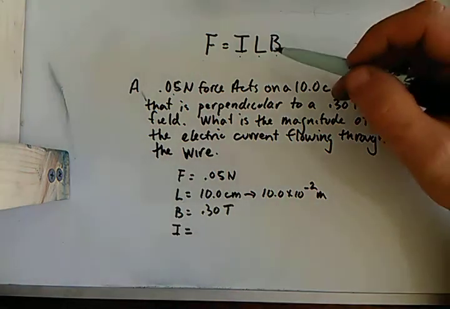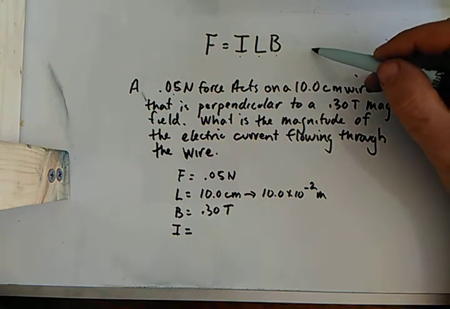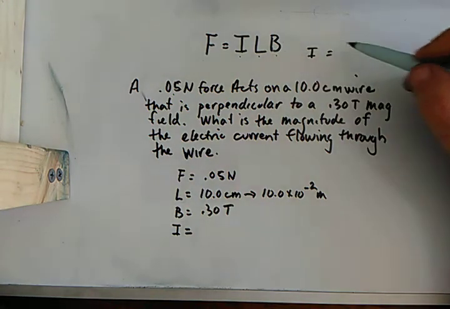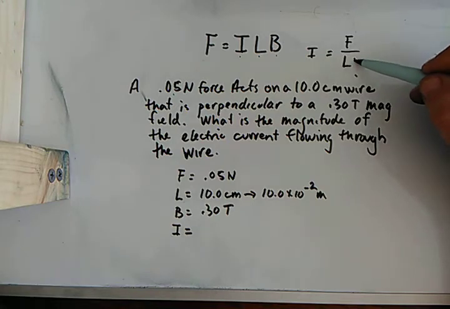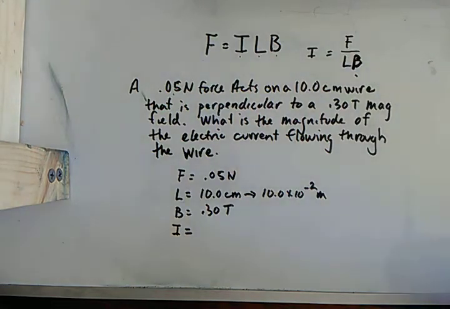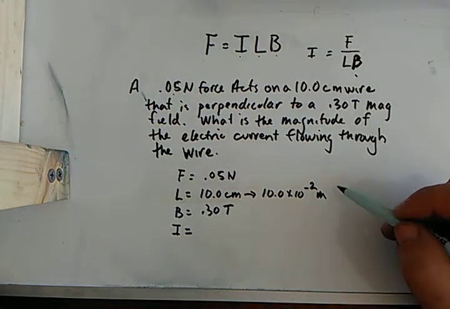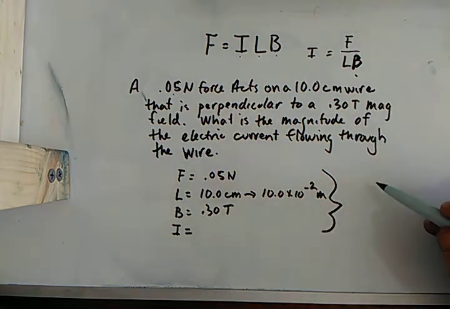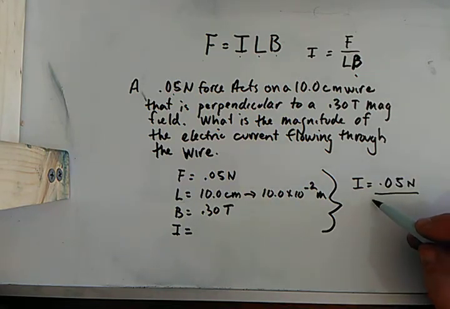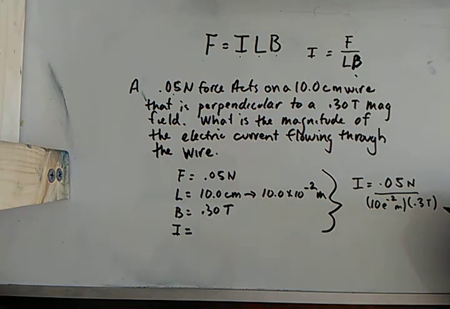Again, this is just rearranging the equation. I equals force over LB, force over length times magnetic field. So if I plug and chug the numbers, I end up with 0.05 over 10 times 10 to the negative second meters, times 0.3 Tesla.